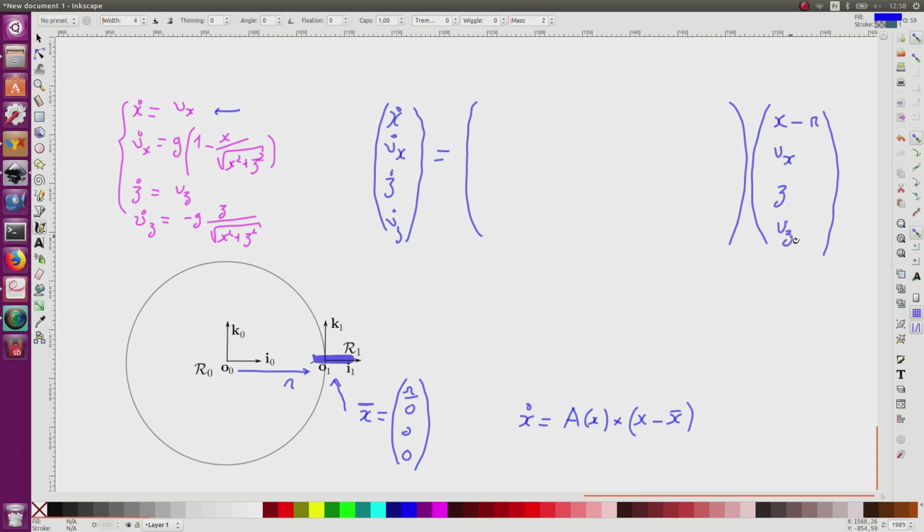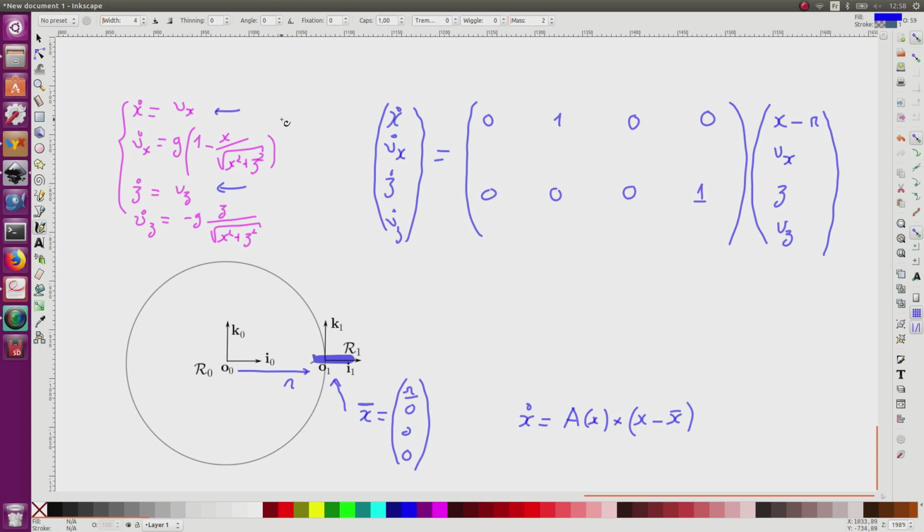So for the first line, I have 0, 1, 0, 0. For this line, which is also simple, 0, 0, 0, 1.